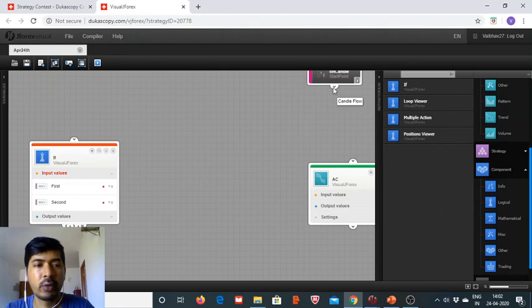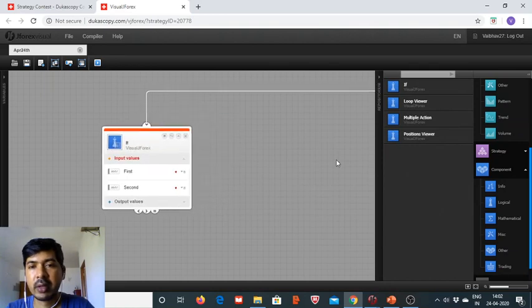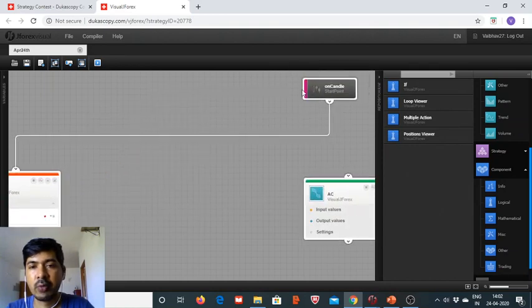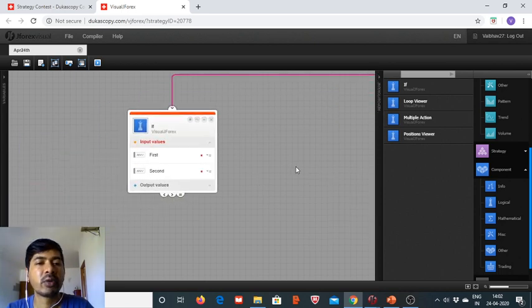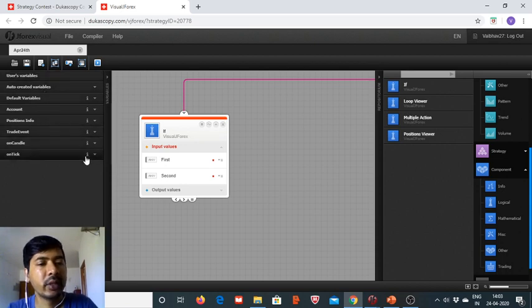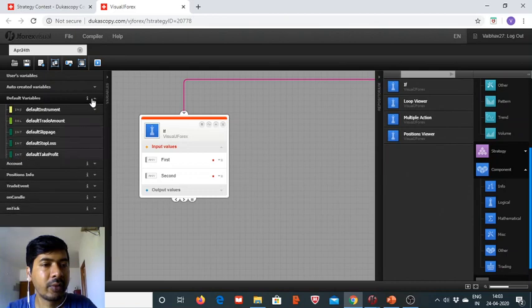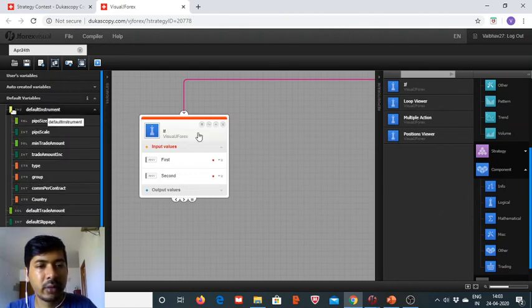So here we go. Let us do the instrument subscription first, and let us color code these flows so that in case we miss out on the flow we will immediately notice it. And here comes the default variable and the default instrument.